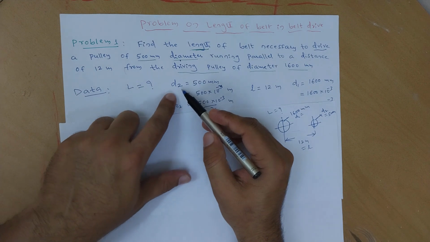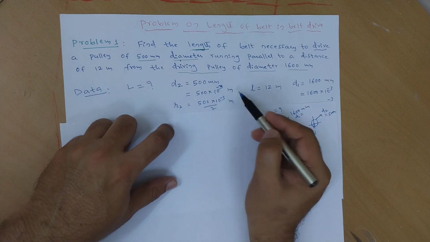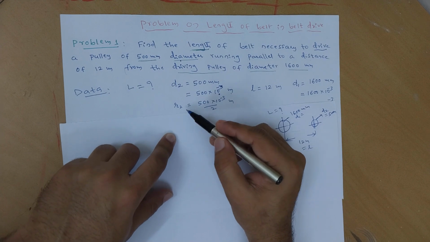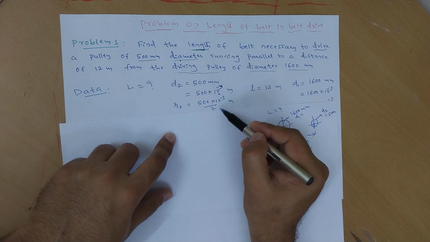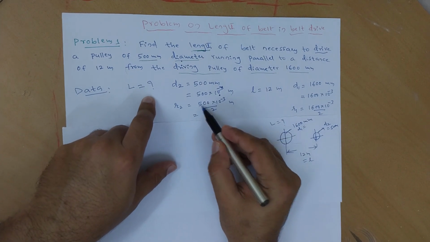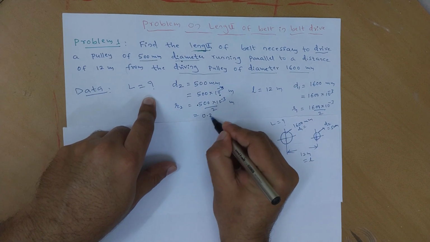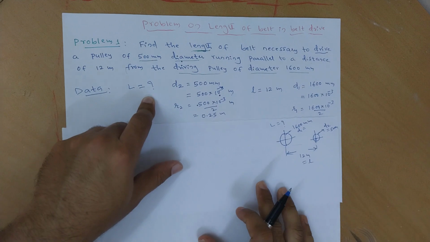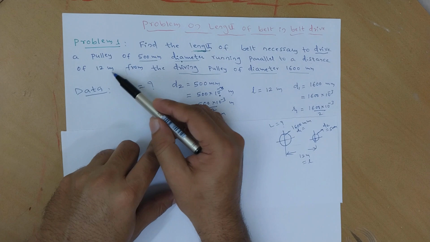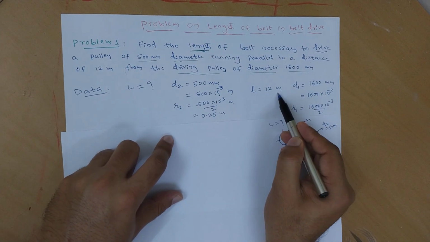The diameter of the smaller pulley, D2, is 500 mm. Convert this into meters: 500 into 10 raised to minus 3. The radius is the diameter divided by 2, so 0.5 divided by 2 is 0.25 meter. This is the smaller pulley. Next, the distance between centers, L, is 12 meters.